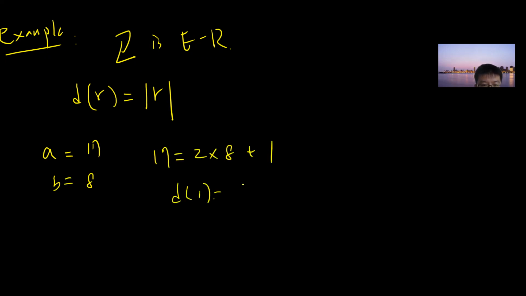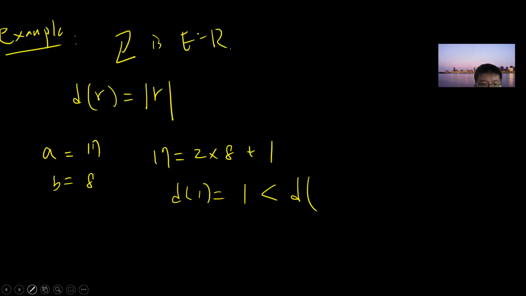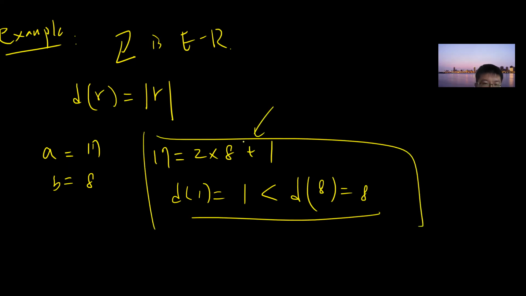So D of 1, which is 1, is less than D of B, and in this case B is 8. Since you can do the division, you can force this to be less than this. This is the quotient, and this is the remainder. So this is the tautological example, a trivial example.